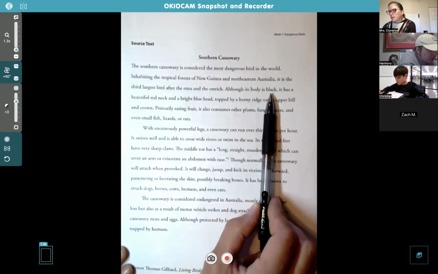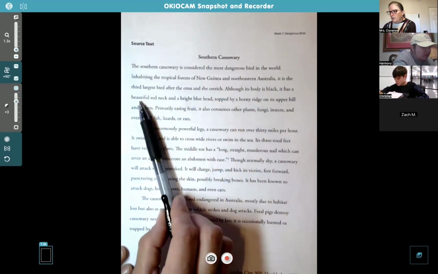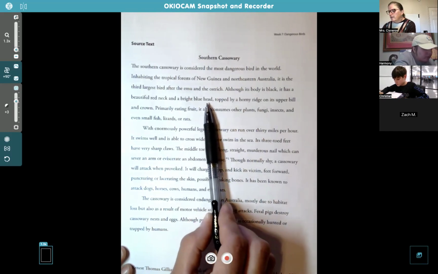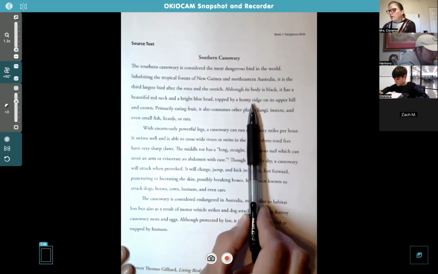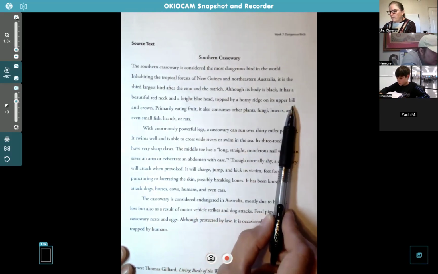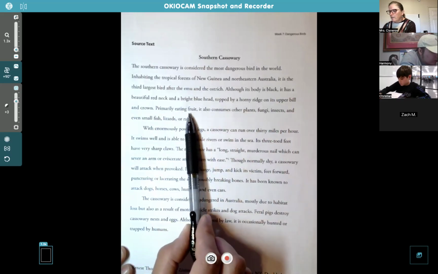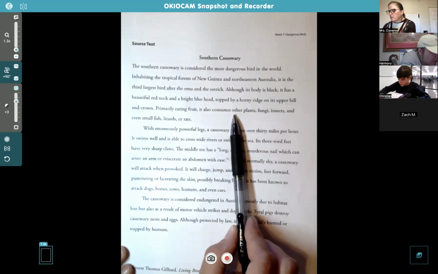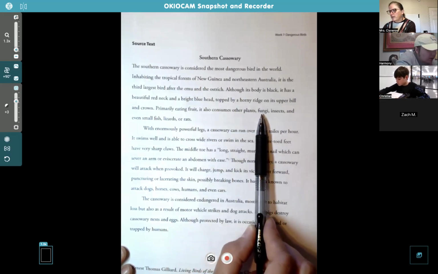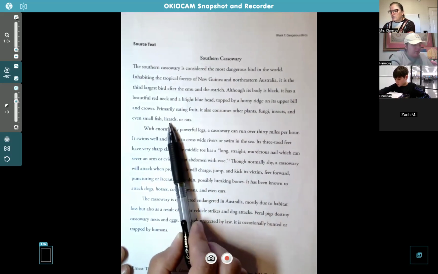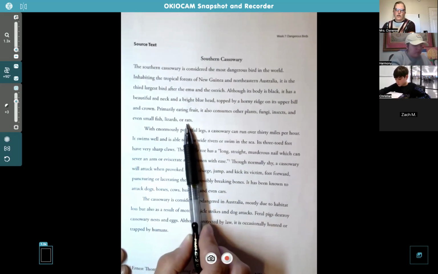Although its body is black, it has a beautiful red neck and a bright blue head, topped by a horny ridge on its upper bill and crown. Primarily eating fruit, it also consumes other plants, fungi, insects, and even small fish, lizards, or rats. So it's an omnivore. It eats both plants and meat.